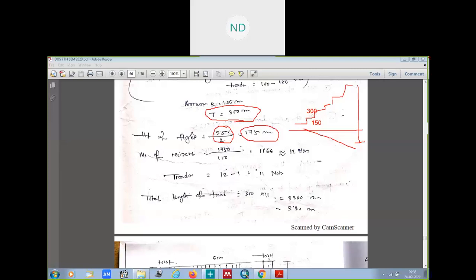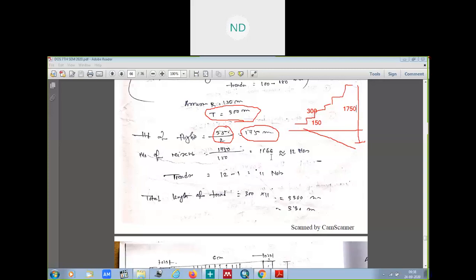Now, the number of risers: how do we know? This is 1750. If we divide this by the riser height, we will get the number of risers.